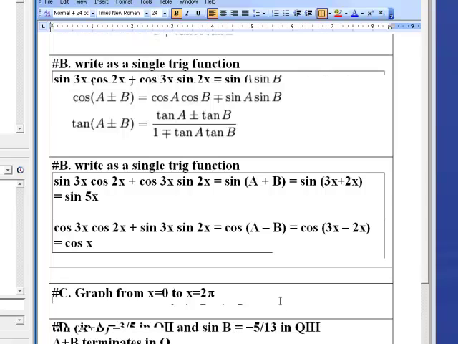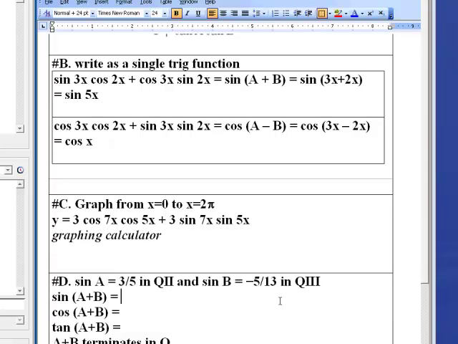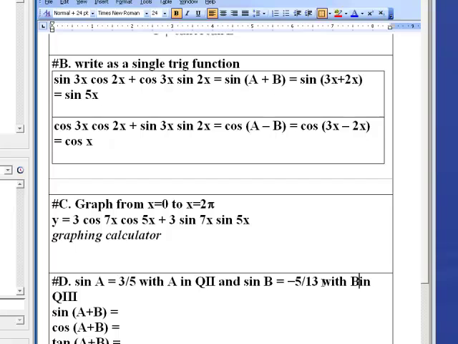Last problem, we're supposed to do the following. Let sine A equals 3/5 with A in quadrant 2. And sine B equals negative 5/13 with B in quadrant 3.